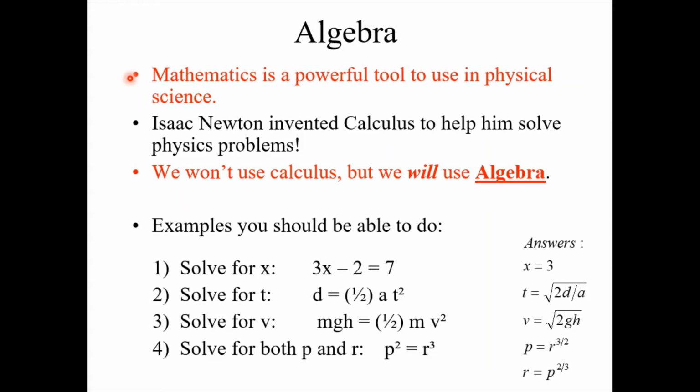So we're going to need mathematics. In fact, we'll learn later that Isaac Newton actually invented calculus to help him solve physics problems that he couldn't solve with algebra. The good news for us is that we won't have to use any calculus in this class, but we will be using a lot of algebra, and we'll be doing algebra in just about every lecture in this course.